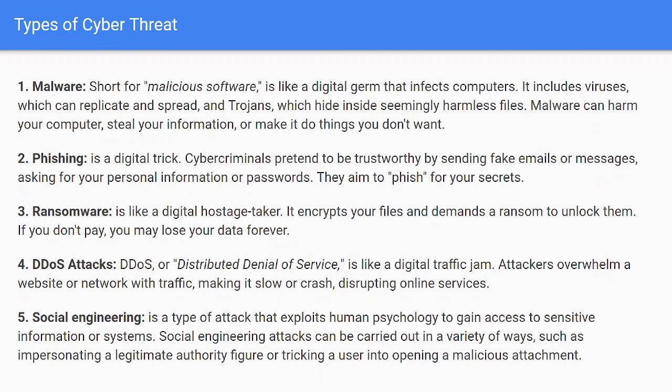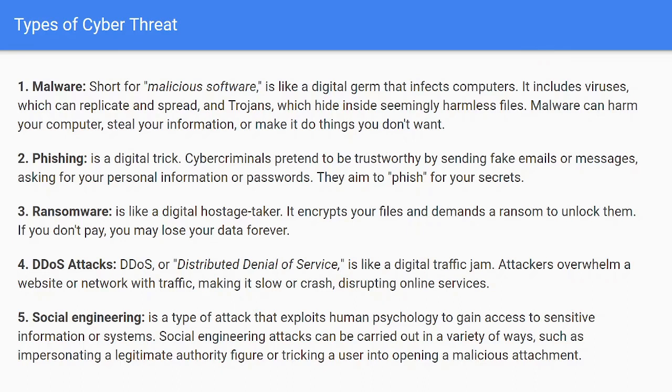So what are the types of cyber threats? Number one, we have malware, which is short for malicious software. It is like a digital germ that infects computers. It includes viruses, which can replicate and spread. We have Trojans, which hide inside seemingly harmless files.